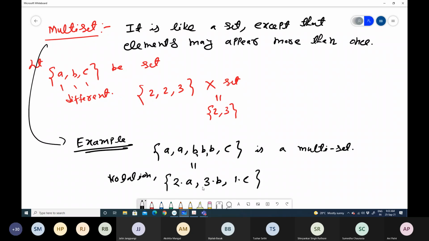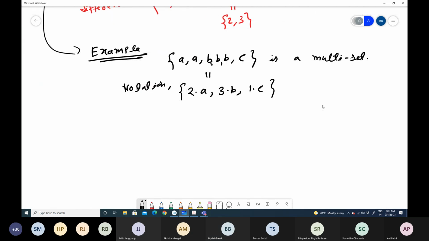Even in a multi-set, we allow infinity as well. For example, you may have a multi-set like infinity dot A, infinity dot B, infinity dot C. This is also a multi-set. What does it mean?